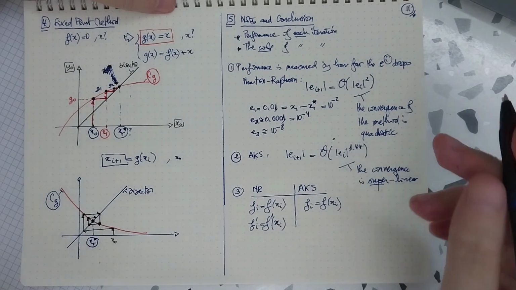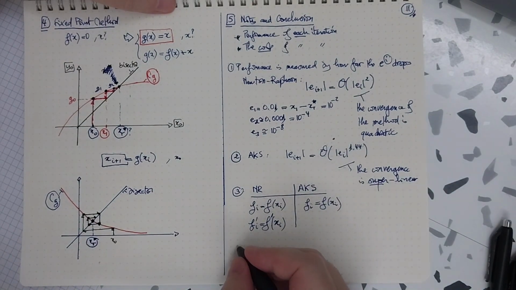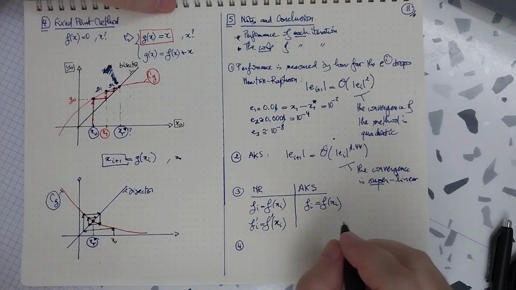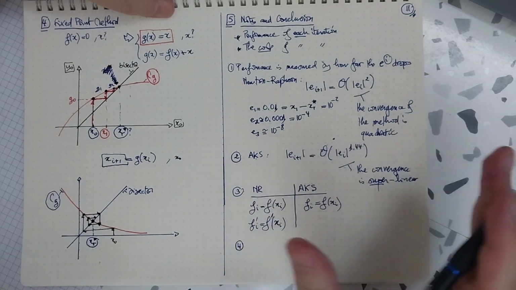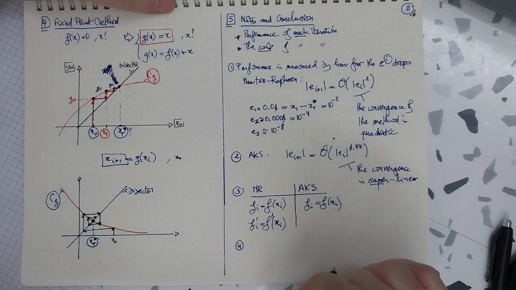The fourth important point is the input. You also have to consider the input to your algorithm. This is a general observation, not only in this topic.